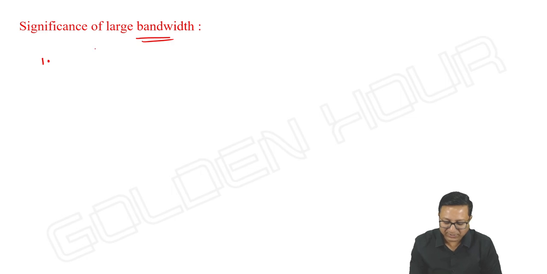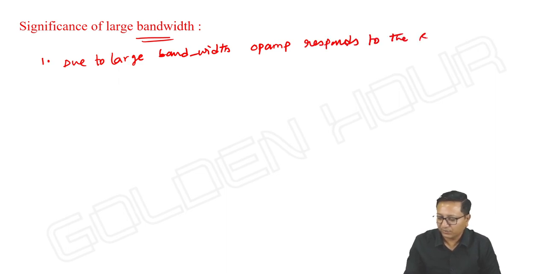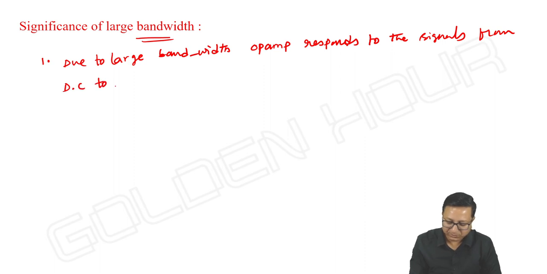So due to large bandwidth, the op amp can operate on signals, or the op amp responds to signals from DC to high frequency.